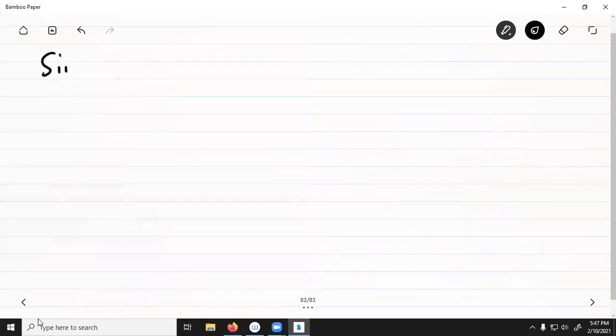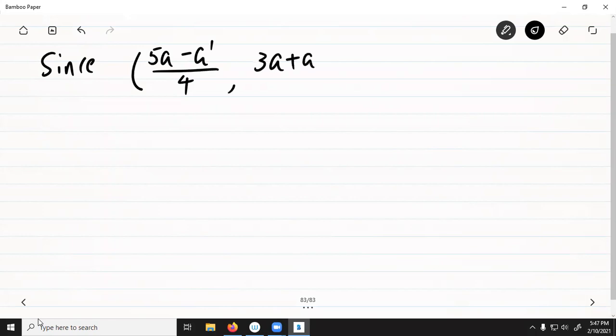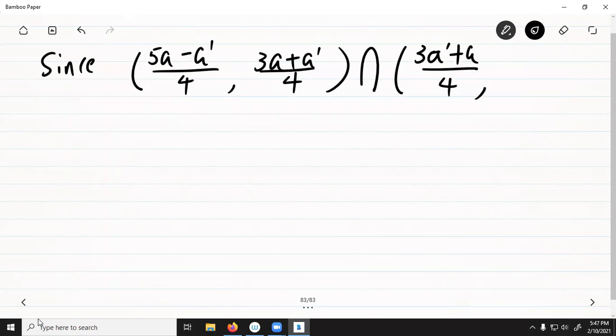So since these two intervals, this is 5a minus a prime over 4, and this is 3a plus a prime over 4, intersect with this 3a prime plus a over 4, and this is 5a prime minus a over 4, this intersection is the empty set.